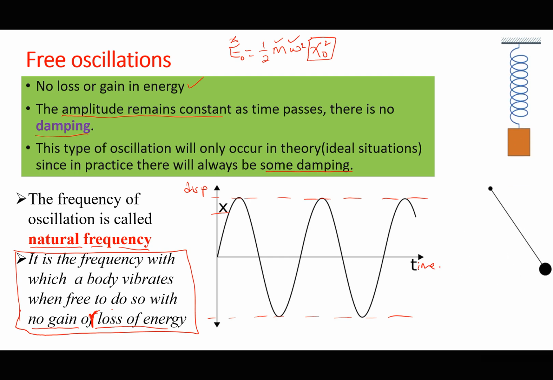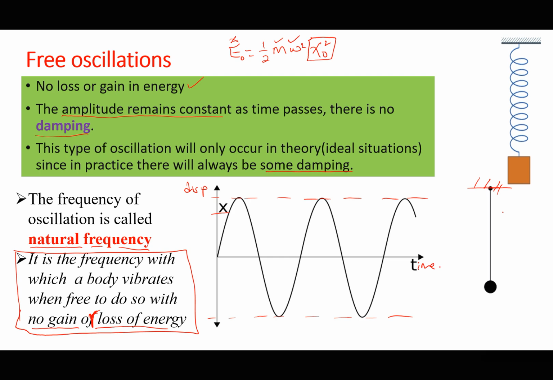I said a good example could be a free pendulum as shown here in this animation, but unfortunately, when we set up a simple pendulum in the laboratory, we notice that with time the pendulum stops oscillating, which means it wasn't really a free oscillation. But at the start, it appears as if it is a free oscillation because you give it an initial disturbance or displacement and you release the pendulum to oscillate on its own as shown in this animation.